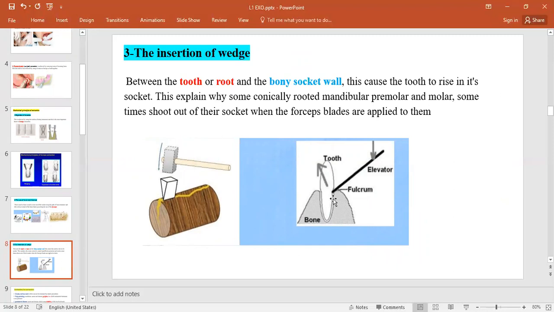Okay, so sometimes when we put the elevator in this way, conical roots will come out easily. Sometimes they shoot out of their sockets when the forceps blades are applied to them.